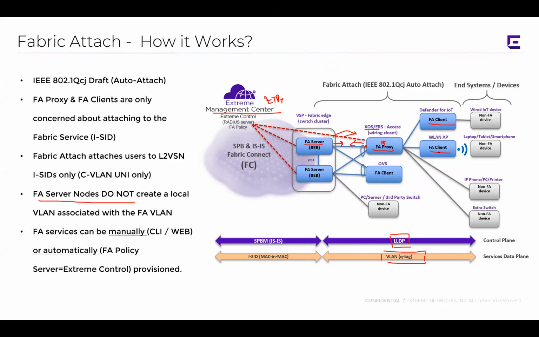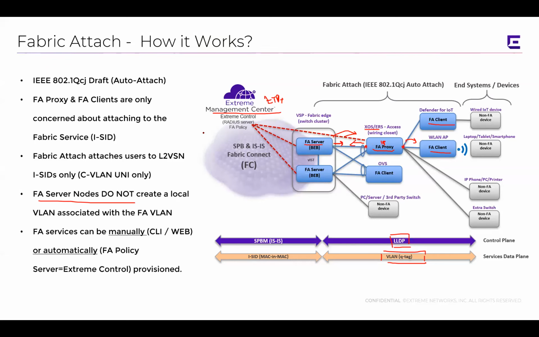For example, if I take one AP, all the Wing APs and the APs from the campus controller support the Fabric Attach client capability. So as soon as I plug my AP into a Fabric Attach proxy switch, then from the LLDP communication, the AP also receives its management VLAN ID, and this port is automatically tagged.